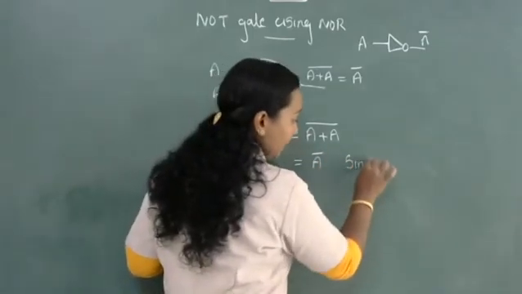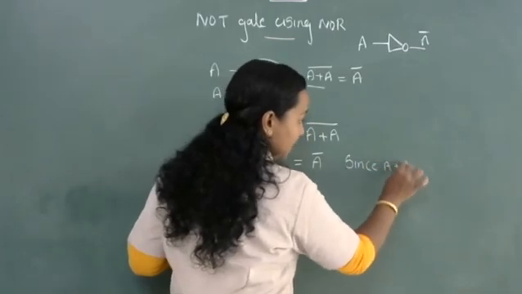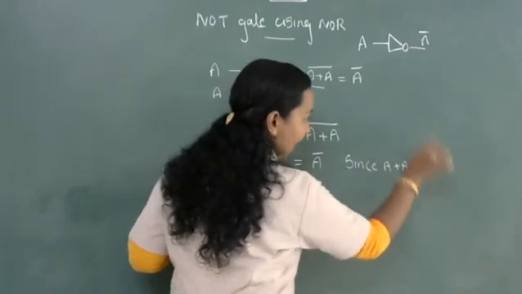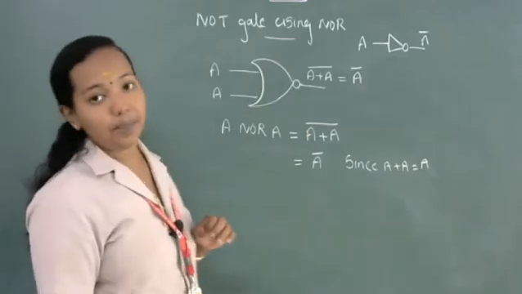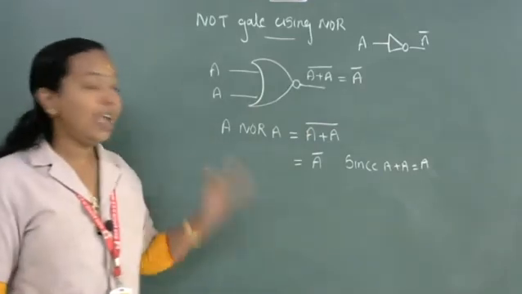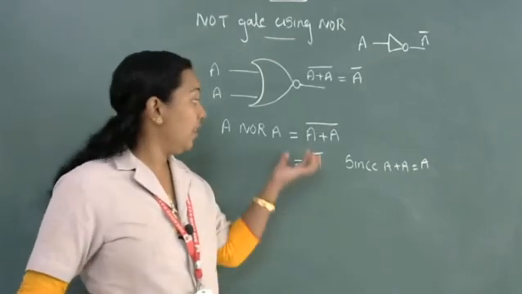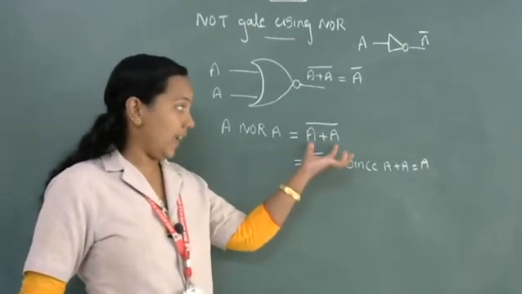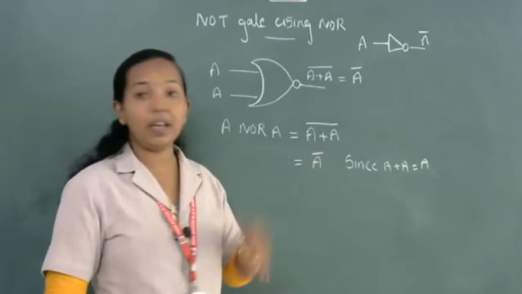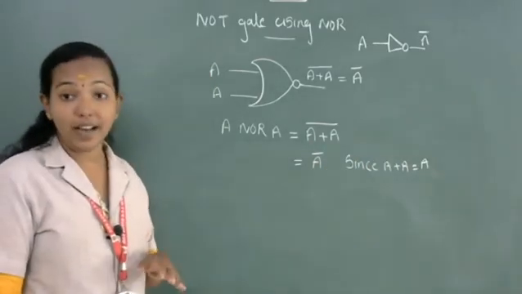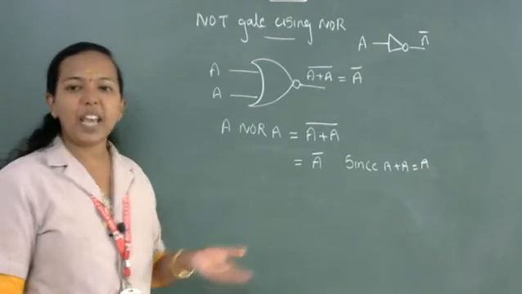Since A plus A is equal to A itself. Then a truth table also we can draw to check whether it is correct or not. But the algebraic proof is good.